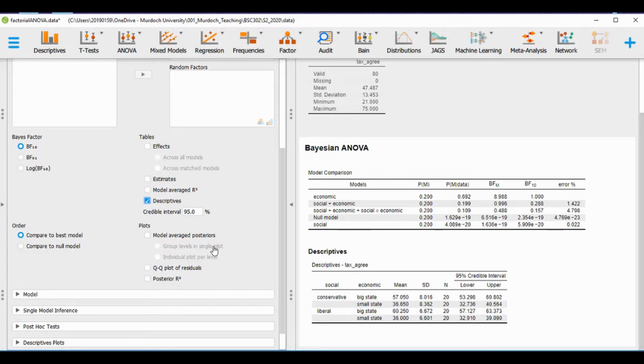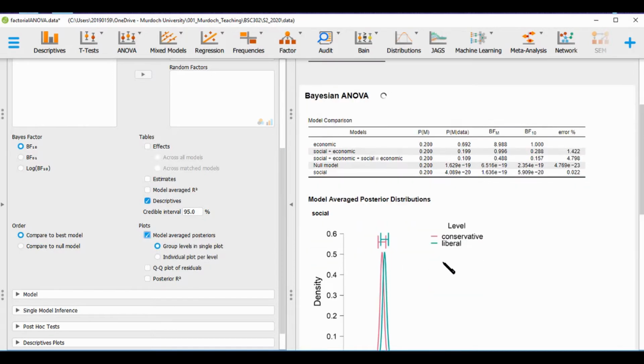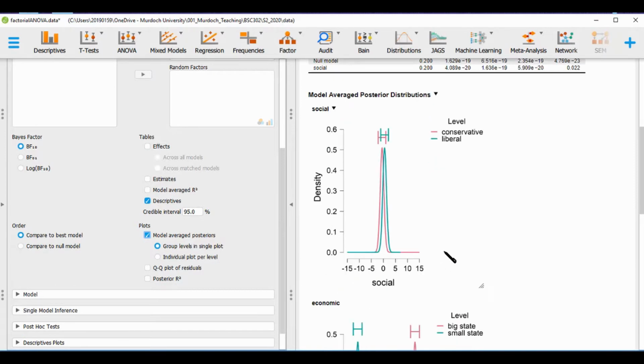Right, so we can also have the plots of the model average posterior, so the posterior distribution averaged across the 5 models, but weighted differently according to the posterior probability of the models. So let's see that plot. Here, if we compare the conservatives versus liberals, they don't vary too much from the total mean, which would be 0.